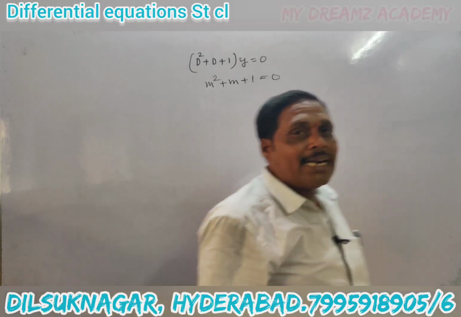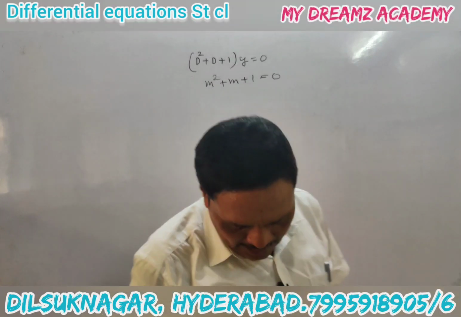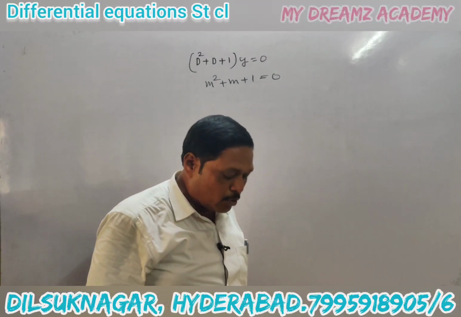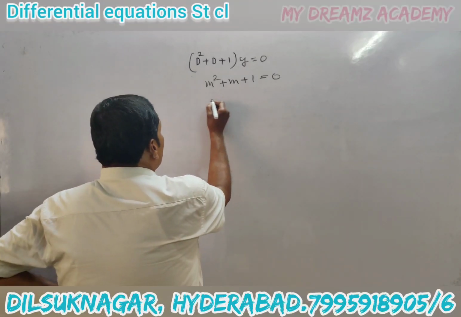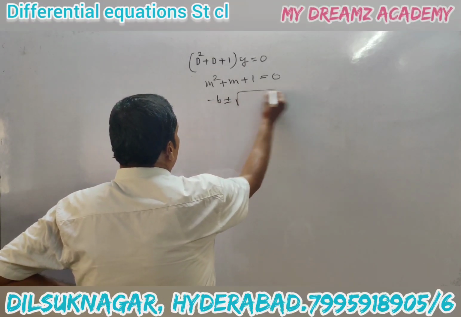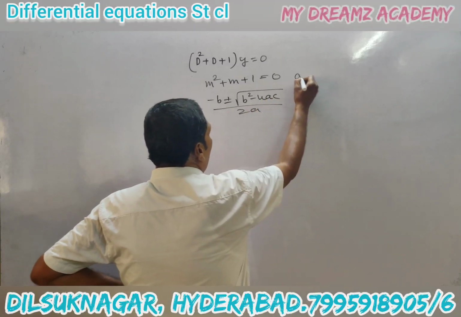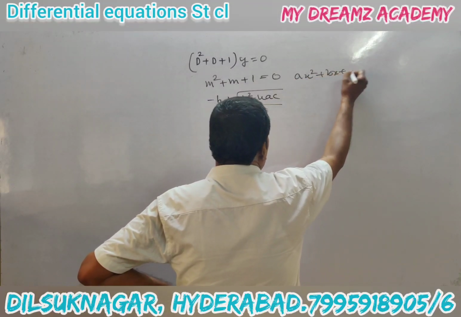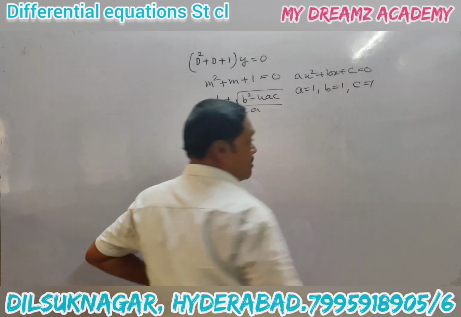Now it is a quadratic equation in m. Roots may be two real distinct roots, two real equal roots, or complex roots. Now here we cannot write the factors. We use minus b plus or minus root of b square minus 4ac by 2a. It is in the form of ax square plus bx plus c is equal to 0, where a is equal to 1, b is equal to 1, c is equal to 1.